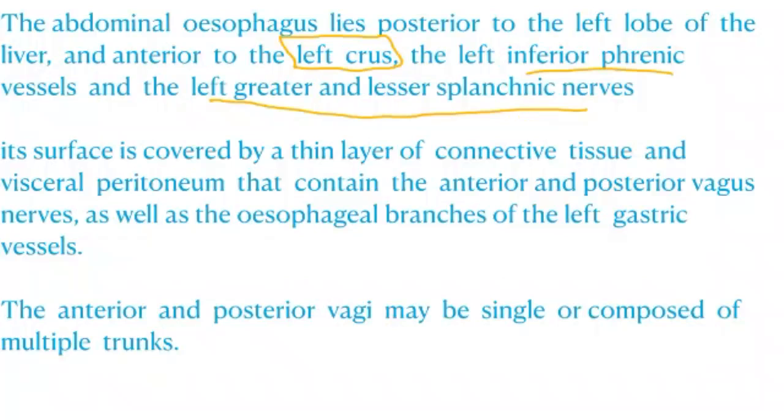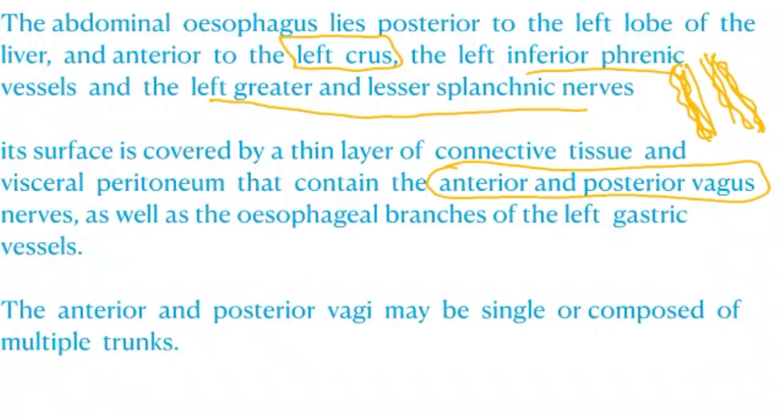Its surface is covered by a thin layer of connective tissue and visceral peritoneum that contain the anterior and posterior vagus nerves. This is important. You have to remember that the esophagus is covered anteriorly and posteriorly by peritoneum. In this peritoneal layer lie the anterior vagus and posterior vagus nerves, as well as the esophageal branch of the left gastric vessels. The anterior and posterior vagus may be single or composed of multiple trunks.